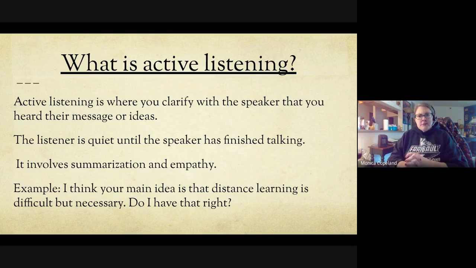So the main thing for active listening is the listener is quiet until the speaker has finished talking. Some of us, and I used to be so guilty of this, wait to talk instead of actually listening to the other person. So a key part of active listening is full-on listening. Make sure you're understanding exactly what this person is trying to convey.